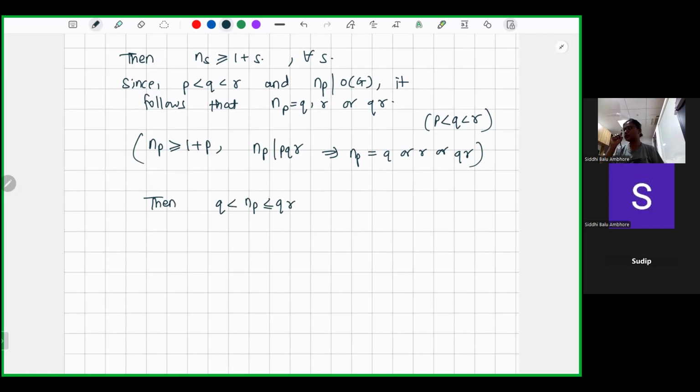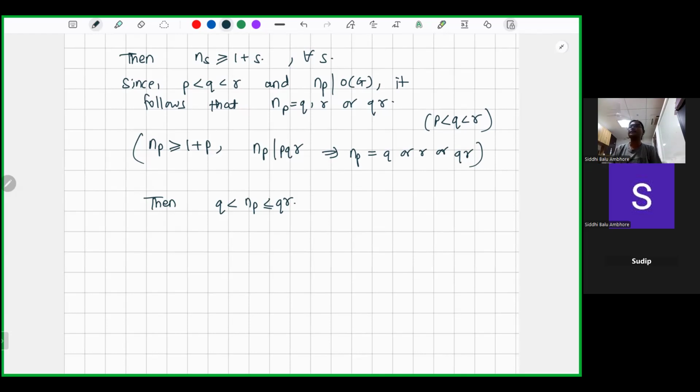And why is this the case? I mean, at least this has to happen, right?